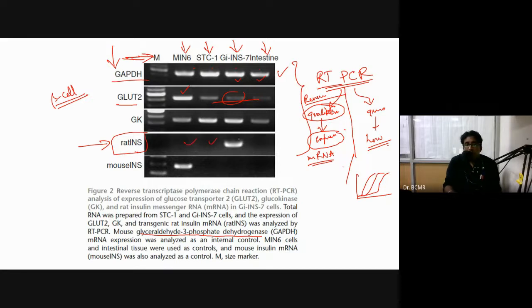It is not present in any of them, except in the gastrointestinal enteroendocrine cells that they have put the plasmid in. And that has produced a sufficient amount of this insulin. This is the mouse insulin that is being produced. This is a control here.